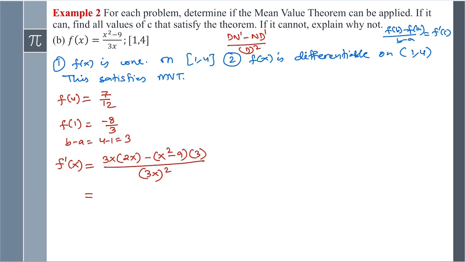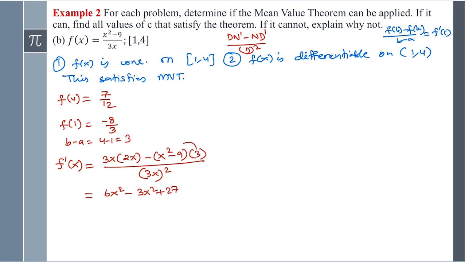If you distribute that, you get 6x squared minus 3x squared plus 27.